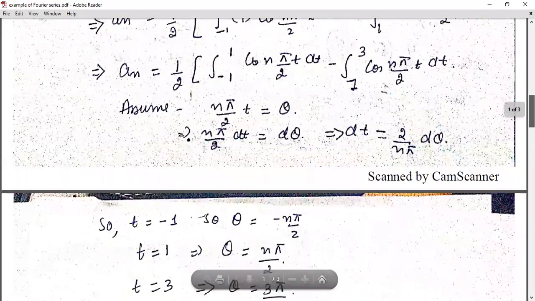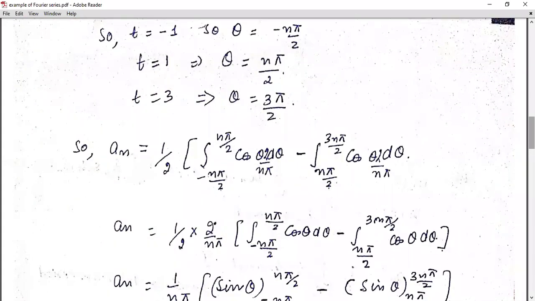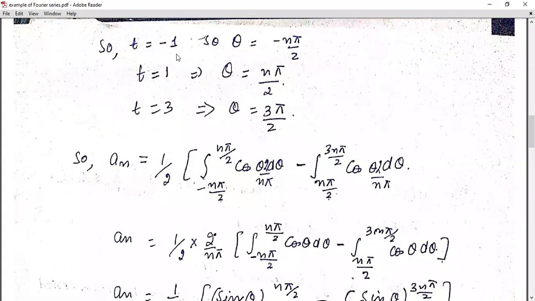By substituting, the ranges will also change. When t is equal to -1, theta is equal to minus n pi by 2, and when t is equal to 1, theta is equal to n pi by 2. And when t is equal to 3, theta is equal to 3 n pi by 2. Now the new equation is a n is equal to 1 by 2, integral from minus n pi by 2 to n pi by 2 of cos of theta d theta times 2 by n pi.